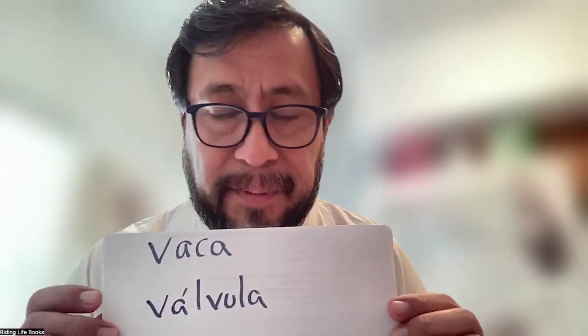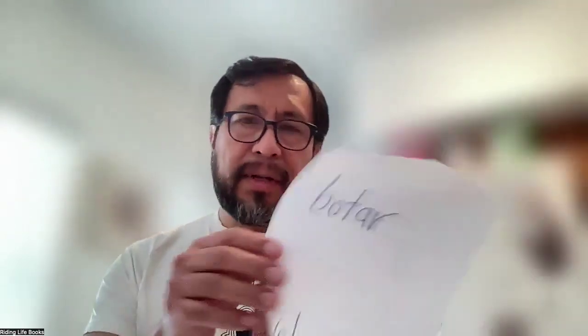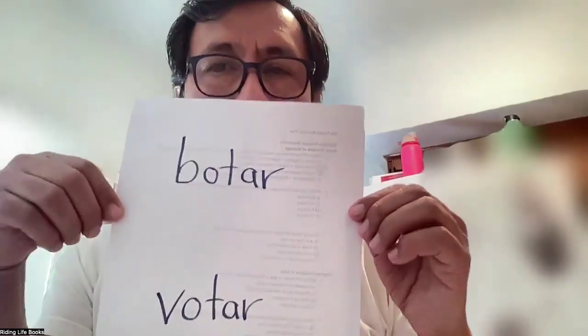So in Spanish, we have no problem pronouncing these words: boca, beso. Actually, we don't make any difference in the way we pronounce or move our lips. When we use words with the letter V, we say vaca, válvula. So for Spanish speakers, we pronounce the B sound in the same way in the words botar and votar.